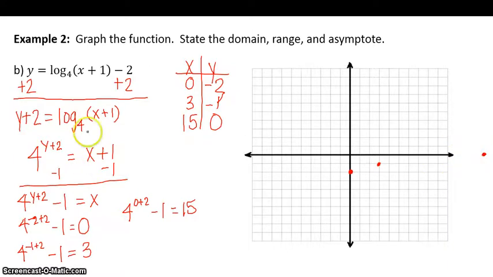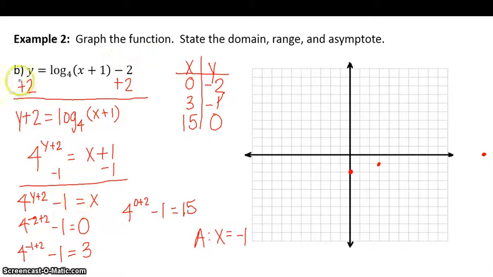Okay. Now looking here, look at your exponential form, which is right here. So then what is your asymptote going to be? Well, hopefully you're thinking that your asymptote should be x equals -1, because -1 is what is after the exponent stuff if you look at the exponential form.